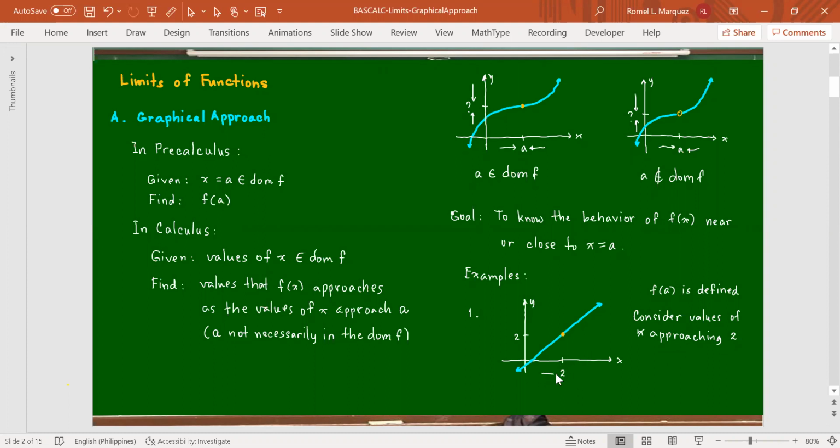Approaching means going to 2, but not equal to 2, just going. So when you say x is approaching 2, that is arbitrarily close to 2, but not equal to 2.